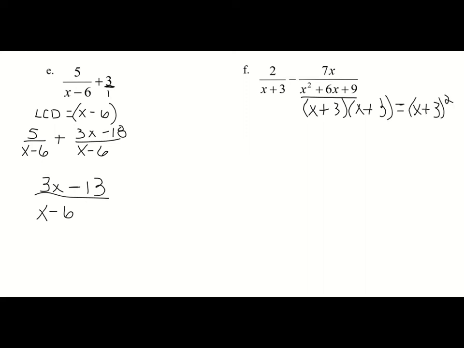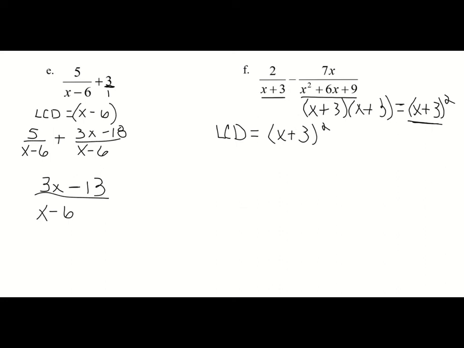So my LCD here, I have x plus 3 in this denominator and x plus 3 squared here. The factors are the same, the powers are different. So my LCD is going to be x plus 3 squared.